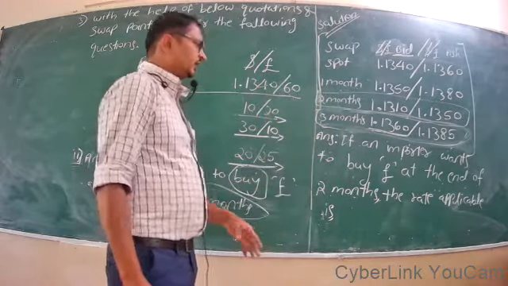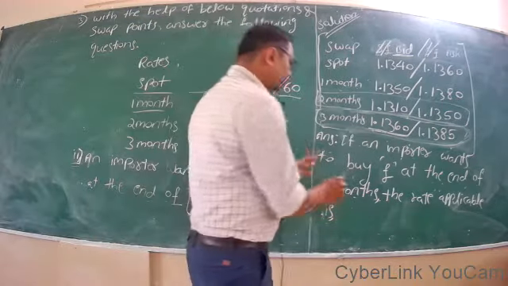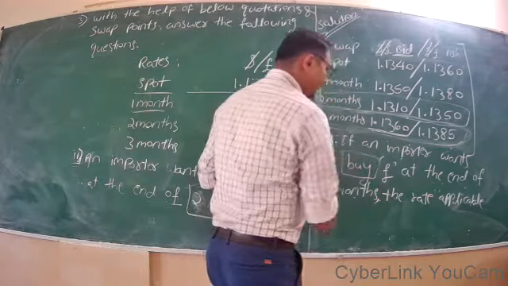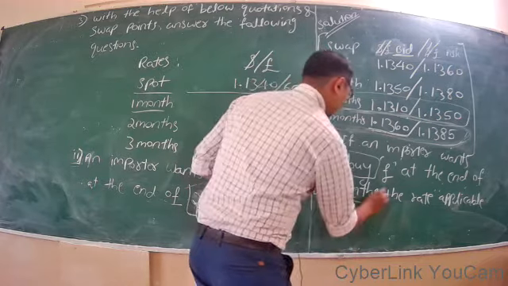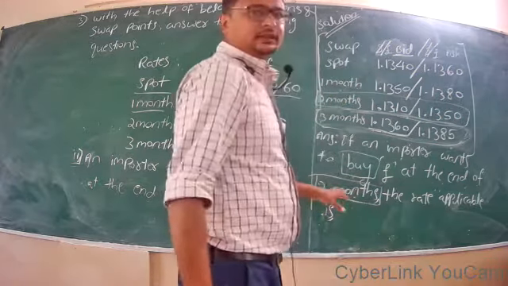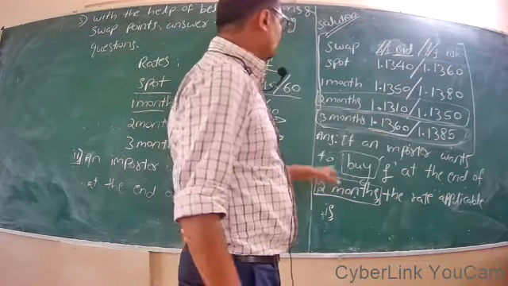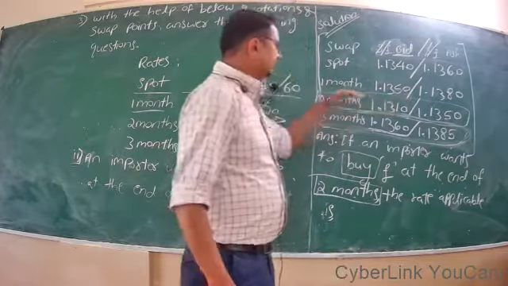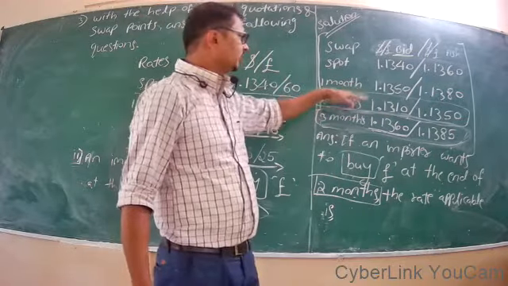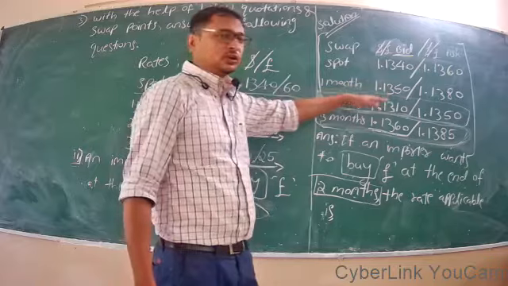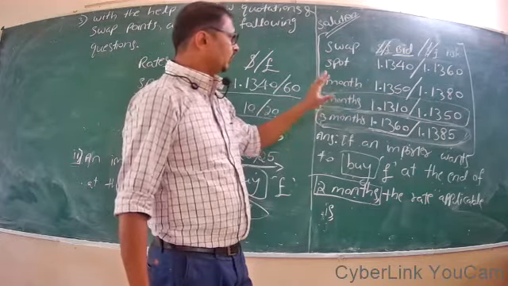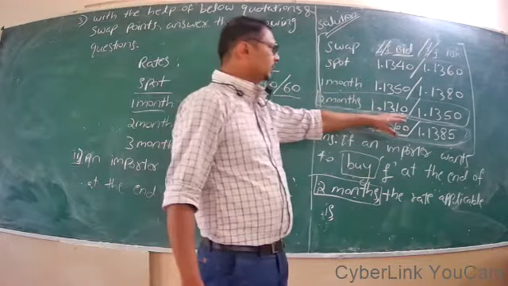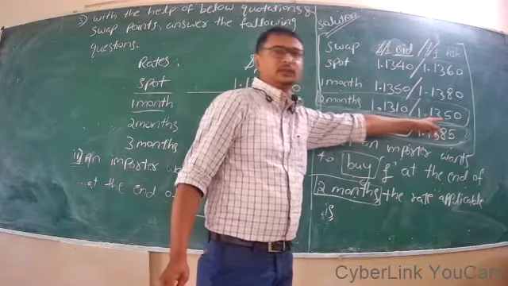Earlier we discussed that we are focusing on this word buy and this word 2 months. Since they have asked for the 2 months outright rate, we focus on 2 months, right? The 2 months outright rates we have solved earlier: bid is 1.1310 and ask is 1.1350.